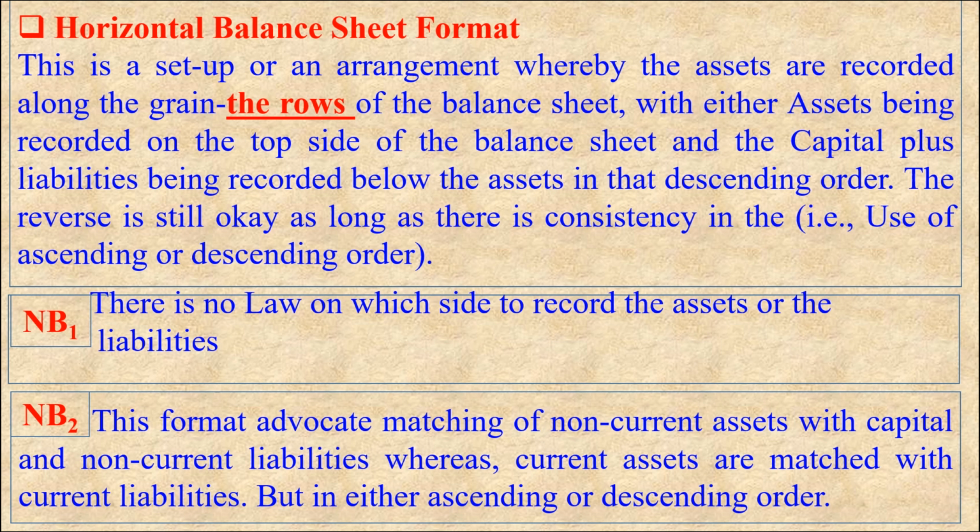But you need to note that either ascending or descending order should be the arrangement. Now that marks the end of the definition and elaboration of what the horizontal balance sheet format entails.